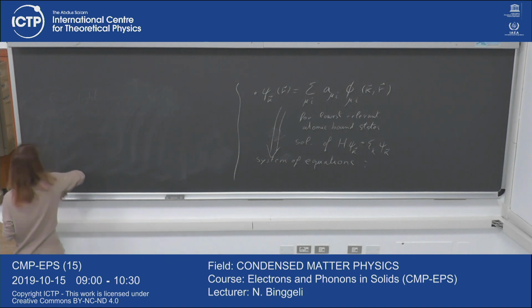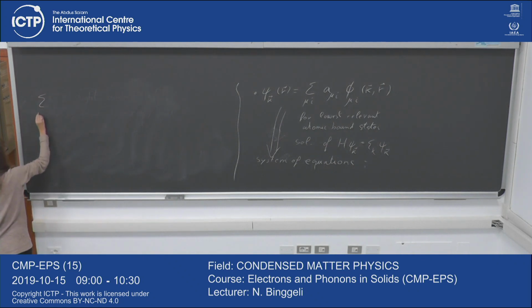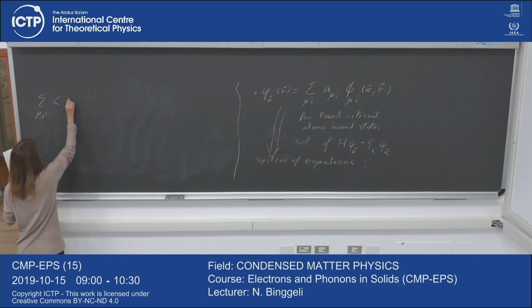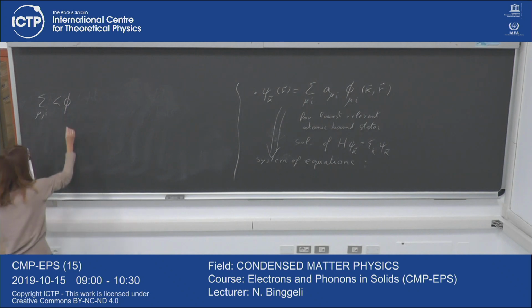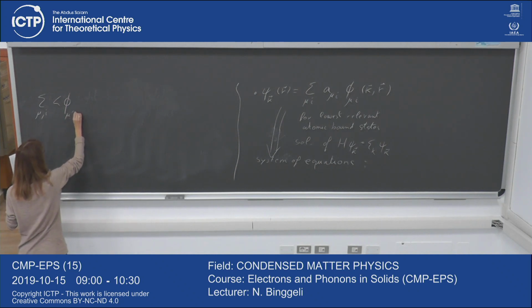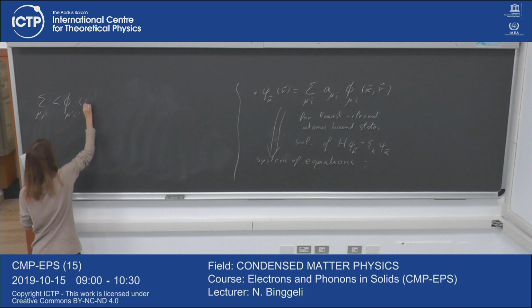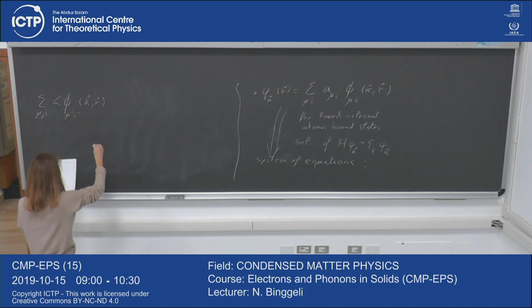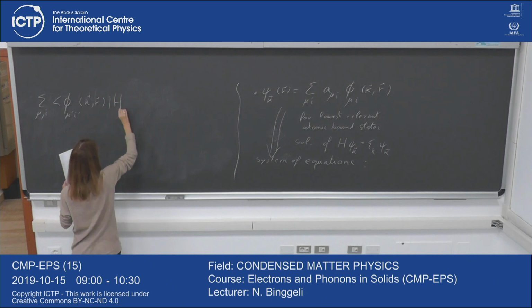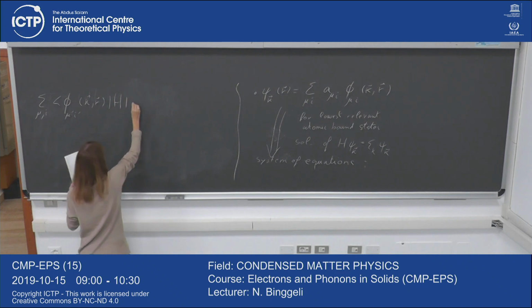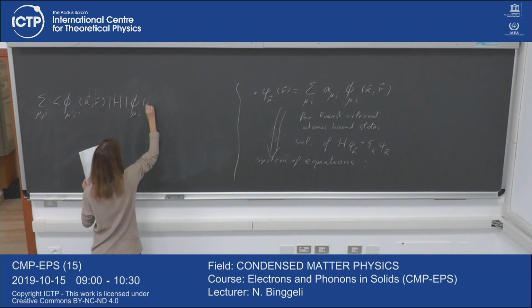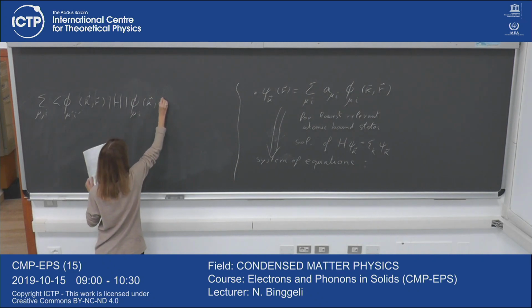That was the sum over the atom and the type of orbital of this matrix element between the tight binding function mu prime I prime k r, the crystal Hamiltonian, and phi mu I of k r.